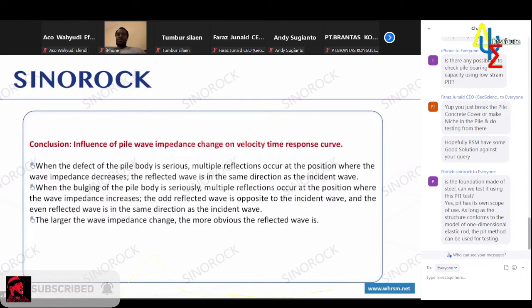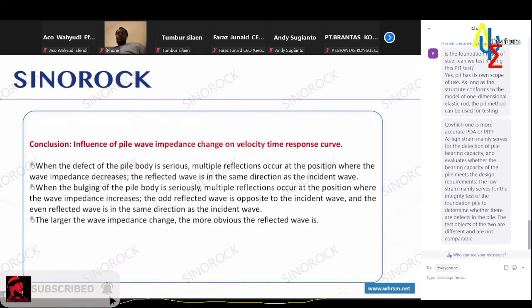A conclusion is drawn according to the influence of the change of pile impedance on the curve we tested. When the pile defect is serious, there will be primary, secondary, or even multiple reflections at the position where the wave impedance decreases, and the reflected wave and the incident wave must be in the same direction.